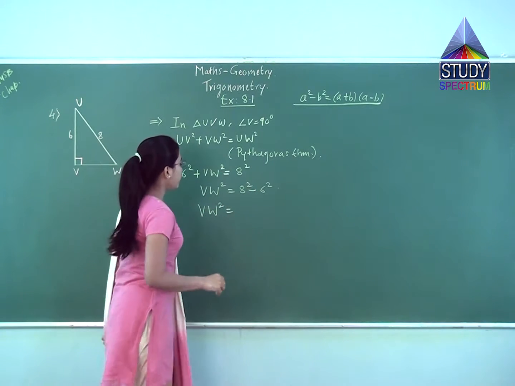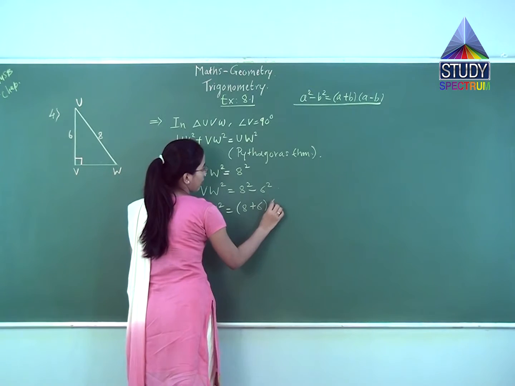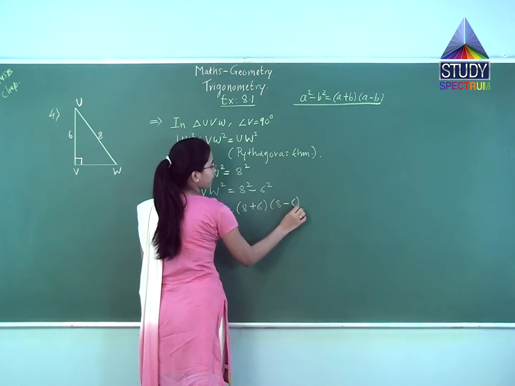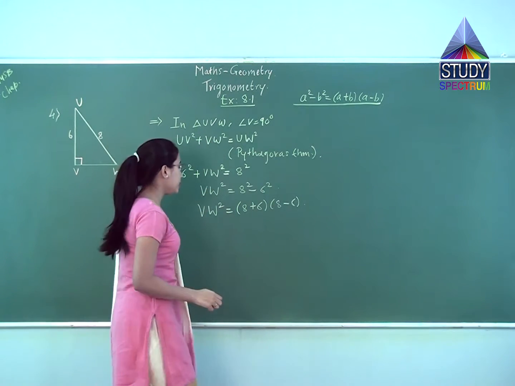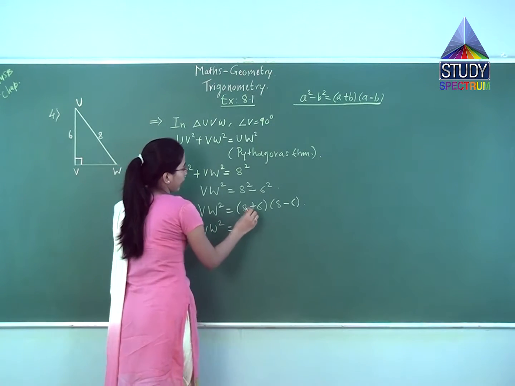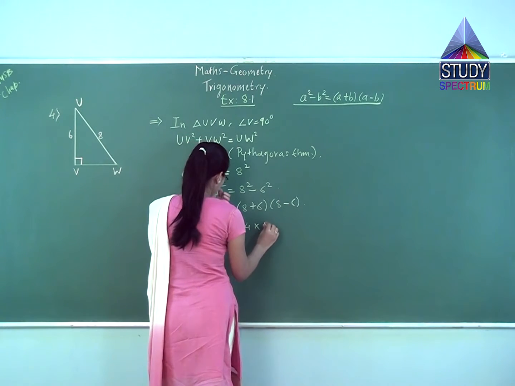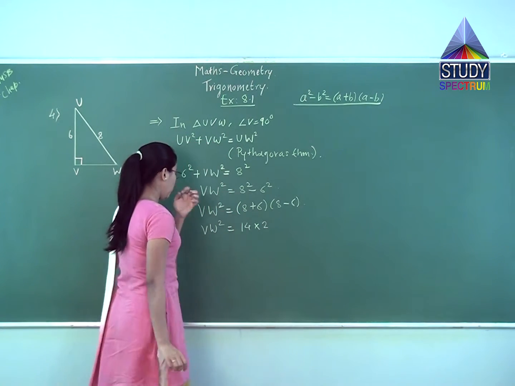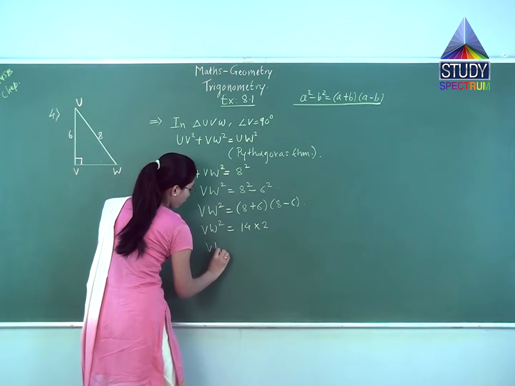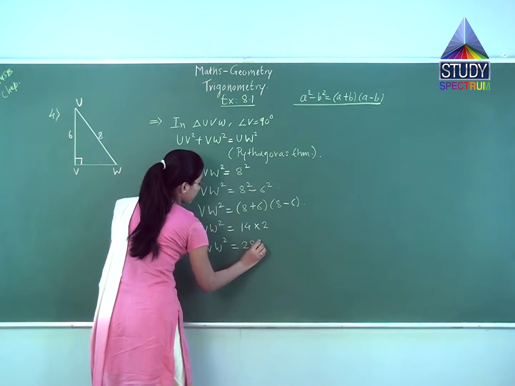So I will use that only. 8 plus 6, 8 minus 6. So you can see it will be easy. So VW square is equal to 8 plus 6, 14, and 8 minus 6 we have 2. So VW square is equal to 28.